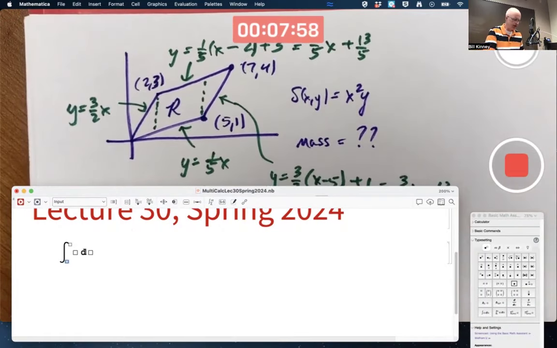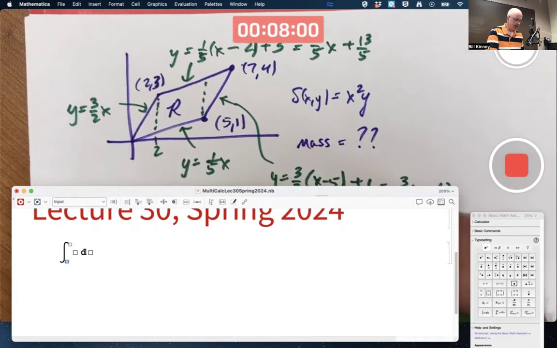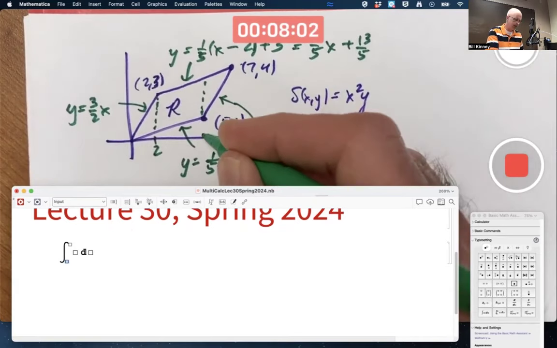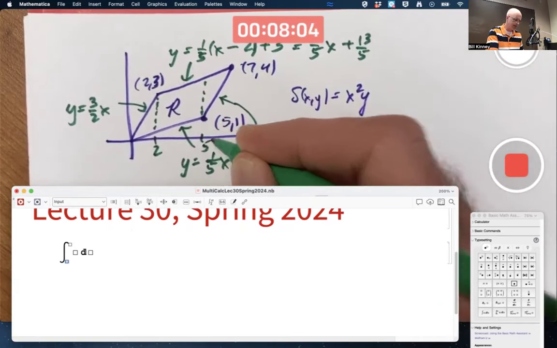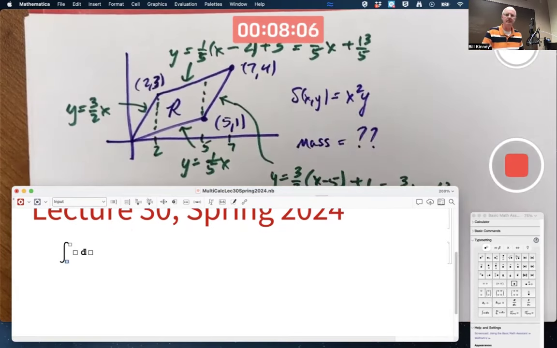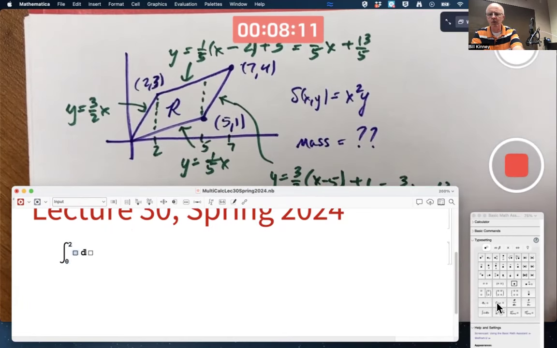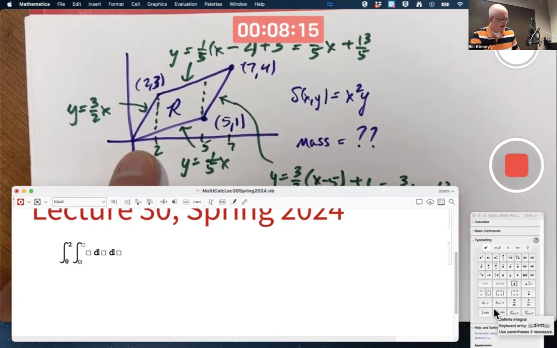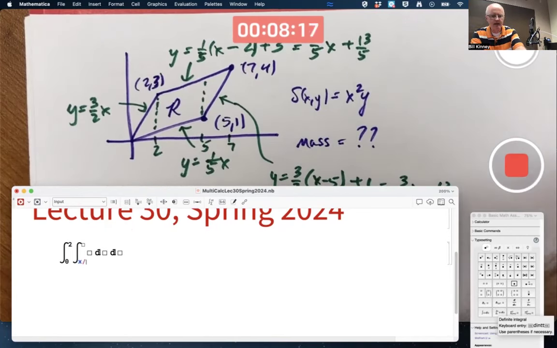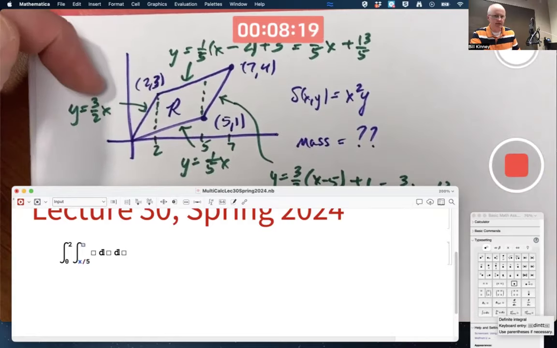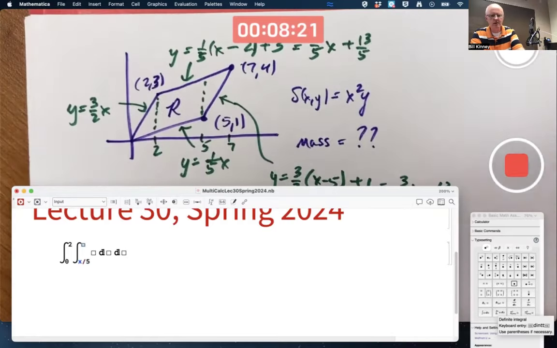Limits for the first integral: x goes from 0 to 2. For the second integral, x will go from 2 to 5, and for the third, x will go from 5 to 7. So x goes from 0 to 2, y goes from the lower limit here, x over 5, and the upper limit is 3x over 2.